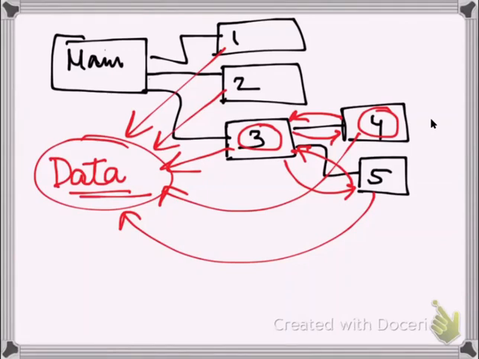And if you want to change one function, you might have to change many of them. Suppose I want to change 5, then I might have to change 3, and I might also have to change main. All this gives rise to something known as spaghetti code.